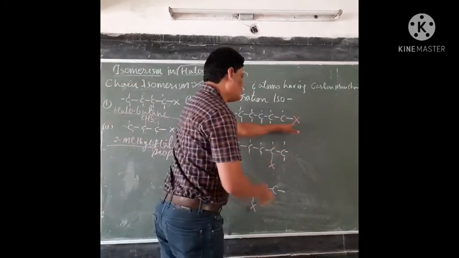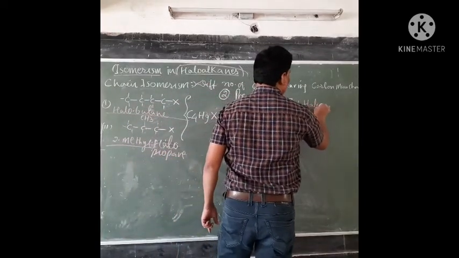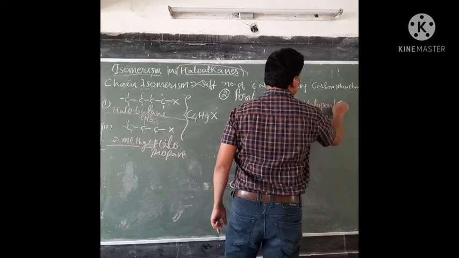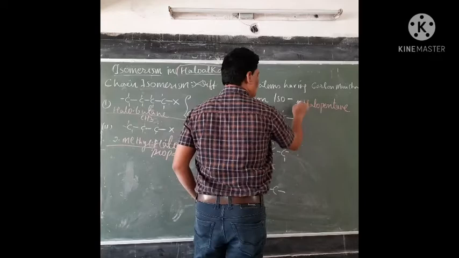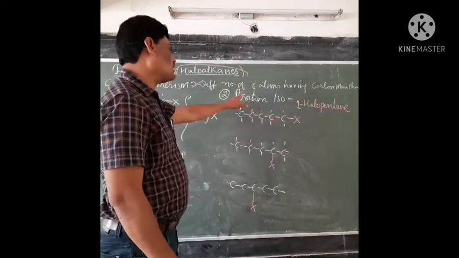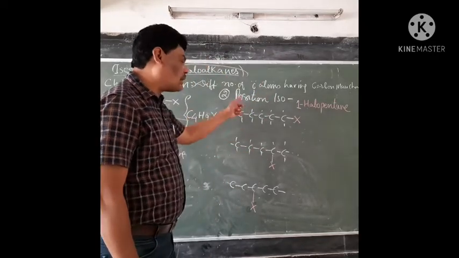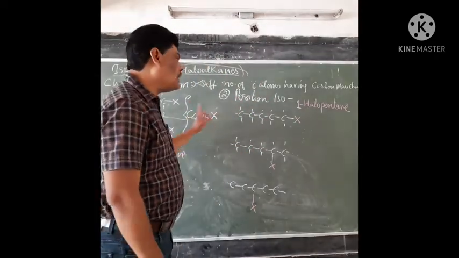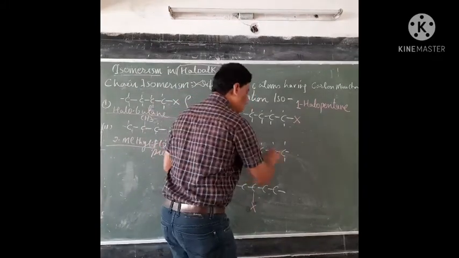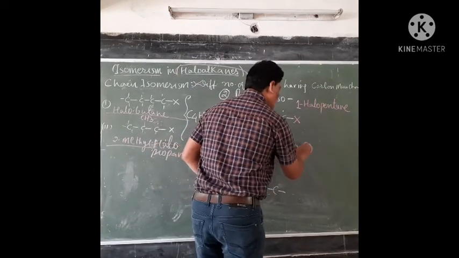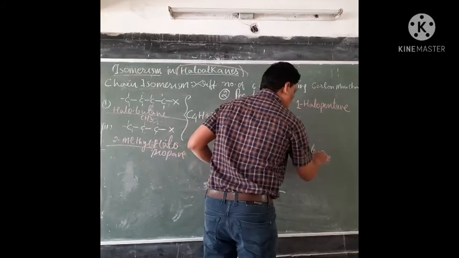What is its IUPAC name? It becomes 1-halopentane, because the halogen is attached to the first carbon atom. This is called position isomerism, that is, the position of the functional group is on different carbon atoms of the carbon main chain. This one, the position is on the second carbon, so this is 2-halopentane, and the carbon main chain is of 5.